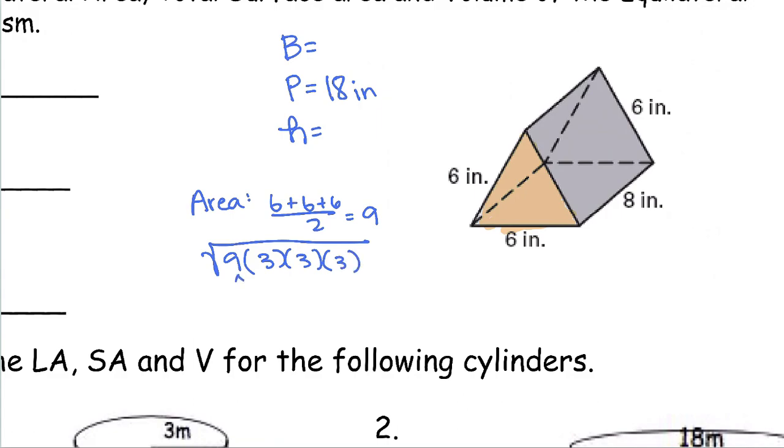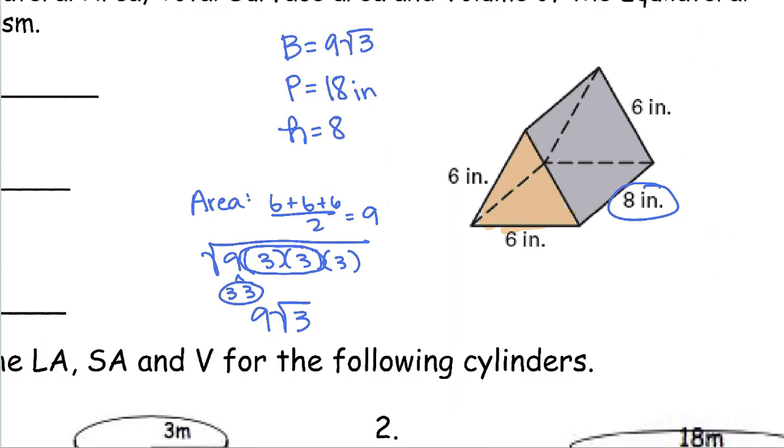This 9 will break down into 3 times 3, so I bring out 2 pairs of 3s as a 9, and I leave a root 3. So this is 9 square root 3. Remember, your trick also is half the side squared, and then attach the root 3. Your height will be this height between the bases, which is 8.